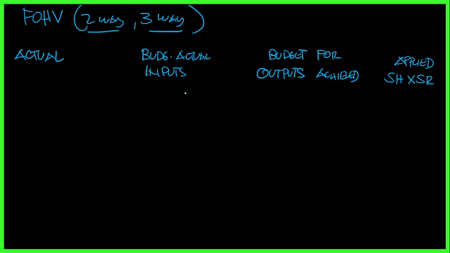So how do we compute the budgeted actual inputs? Normally this is computed by your budgeted inputs, I mean budget for actual inputs, that's your fixed.